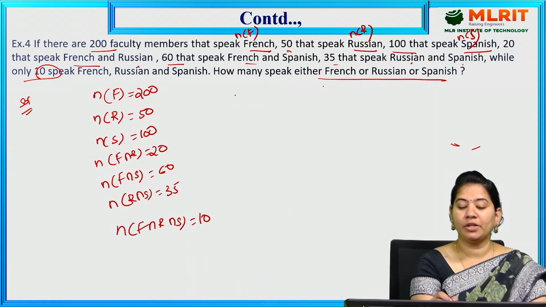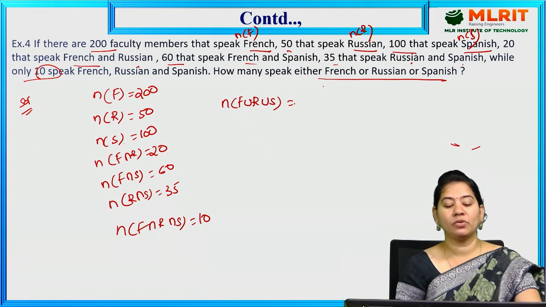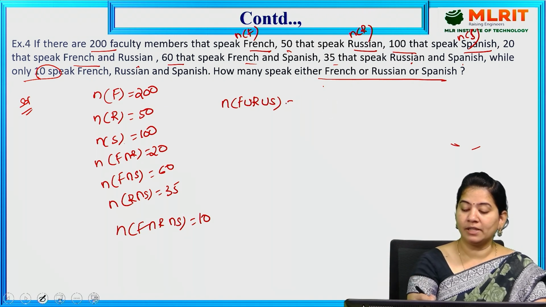So, here you need to solve N of F union R union S is equal to. You need to substitute here. N of F is nothing but 200. First we'll write the formula so that you can easily understand.